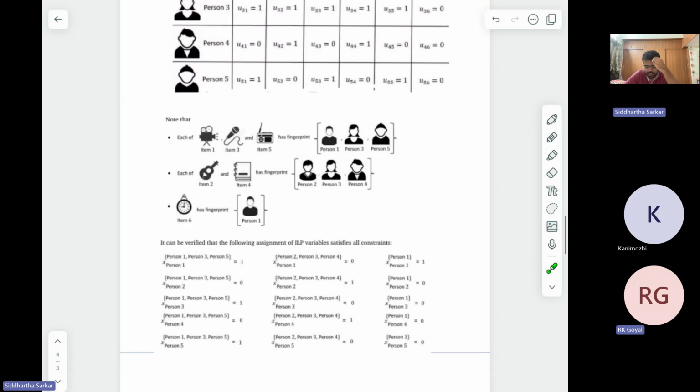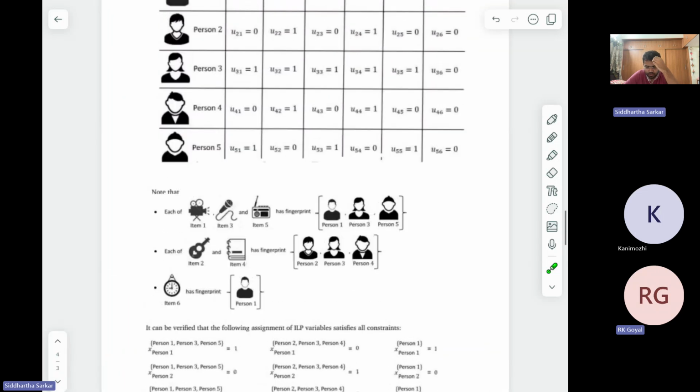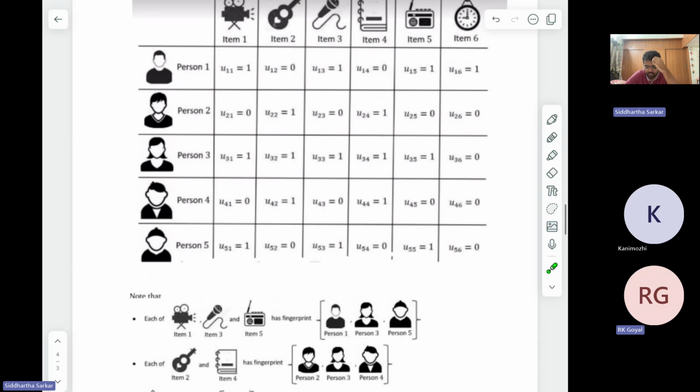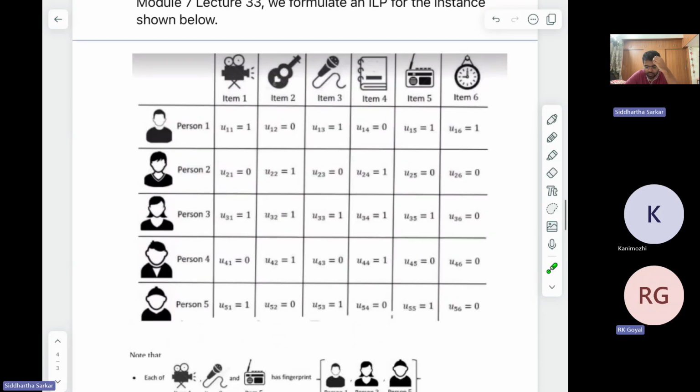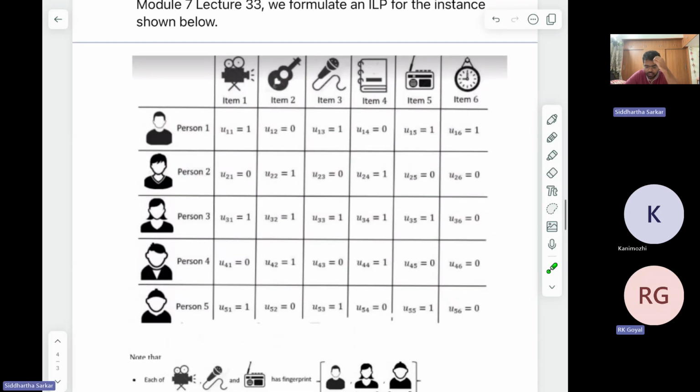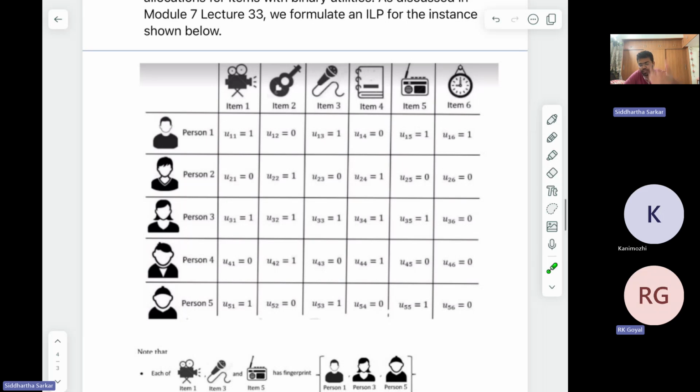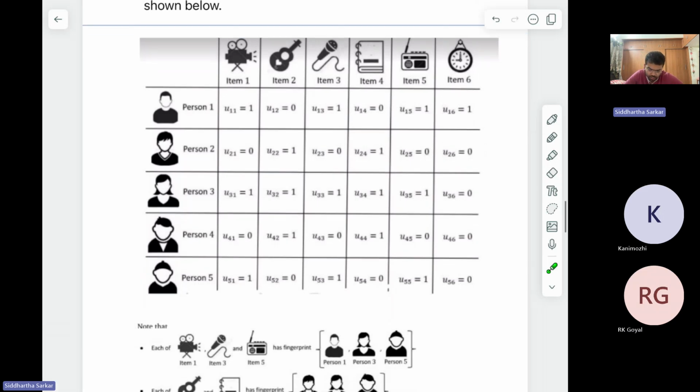But the question here is, before going to the question, let's first understand how we shall categorize these items. Before we distribute the items, we have to judge the utilities of the items with respect to the persons. For example, consider the camera, the mic, and the radio.